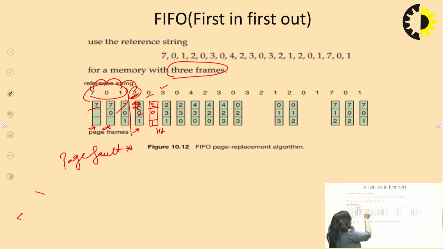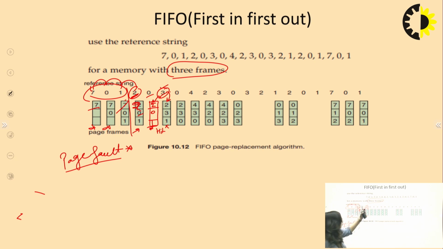So here there is 3. According to this is the current state of our page frame. Now the CPU demands page 3, and we check here: 3 is checked against 2, 0, 1. It means 3 is not found, then a page fault condition occurs. Again it is marked with a star.